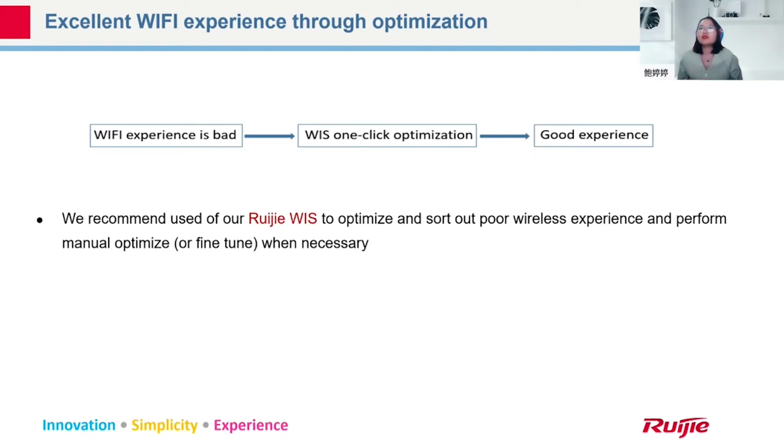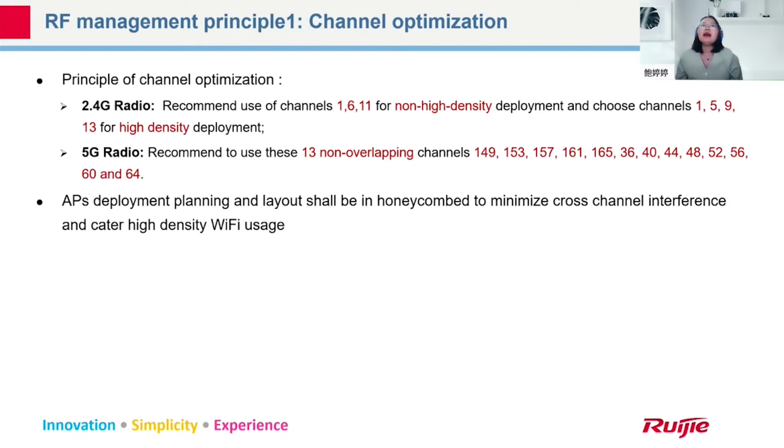So this is the tool we can use. Later we will also explain some main principles and parameters, how to judge the optimization and get a better signal. And how to do the optimization, we have several principles.